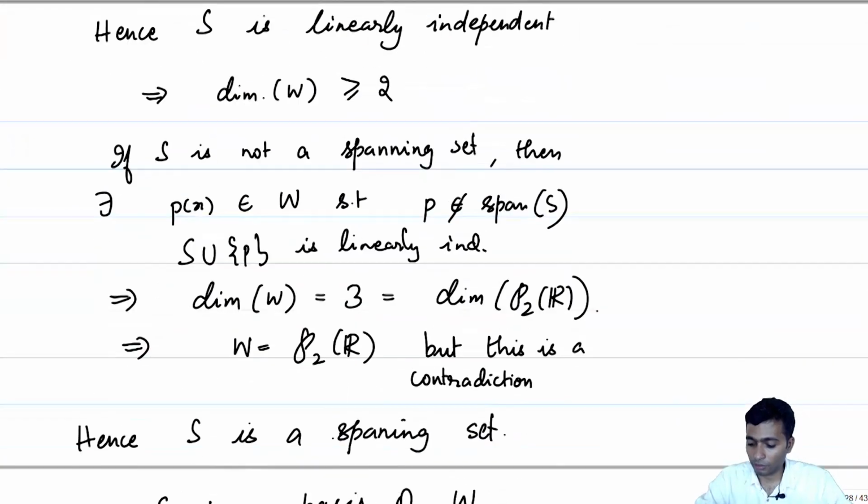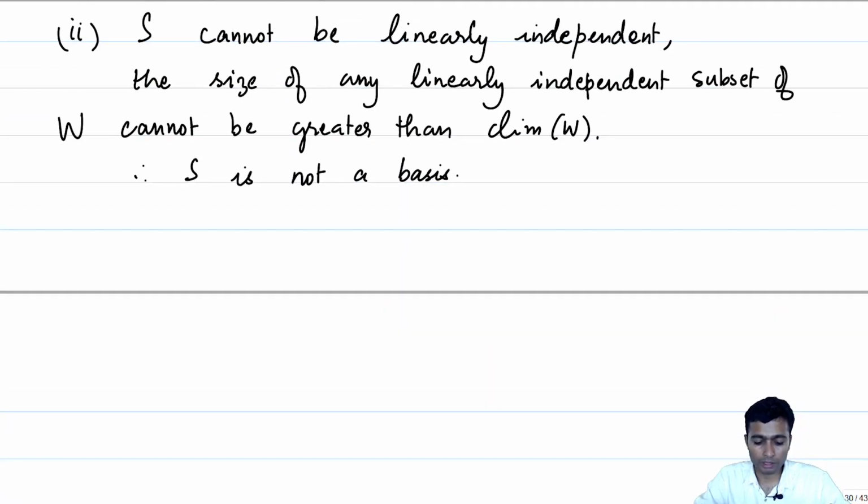Again, by one of the consequences of the replacement theorem, to check that S is a basis of W, it is enough to check for either linear independence or the spanning property. So, let me note what I just said.